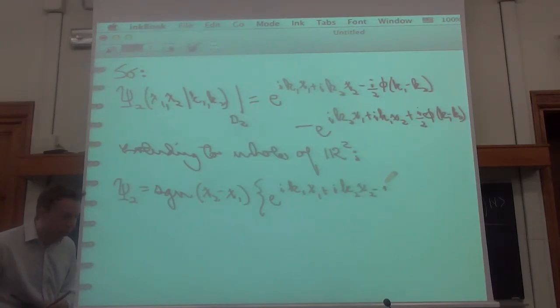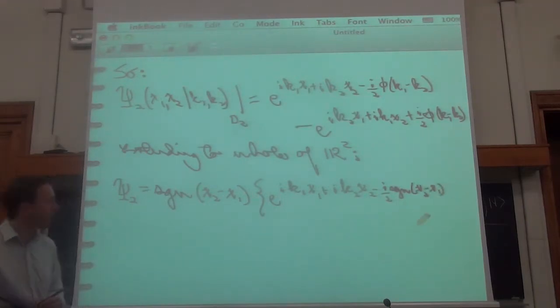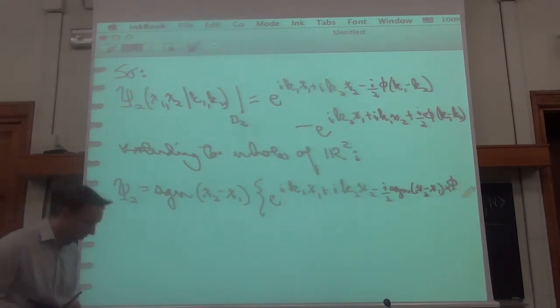So minus i over 2 sine of x2 minus x1 times phi of k1 minus k2, which I will write as k12.